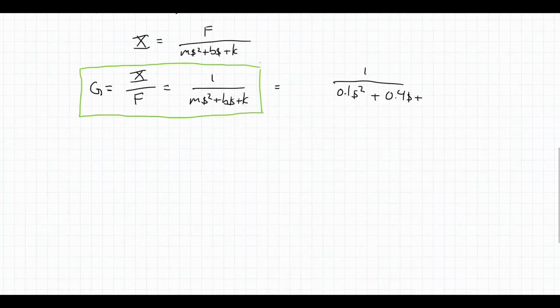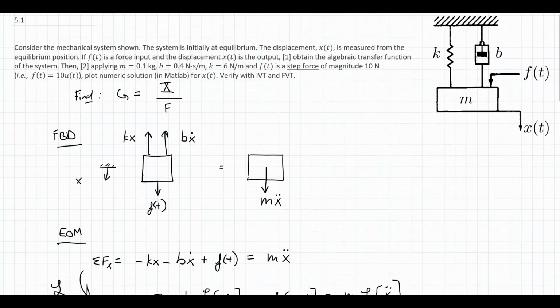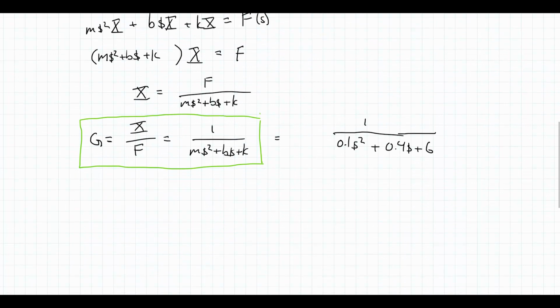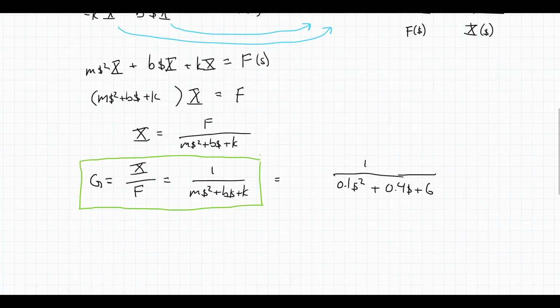Now notice here I'm working with all base units, so I'm not including units here. I always want to be working with base units, kilograms, newtons, meters. m, b, and k were already given to us in those base units, so there's nothing to convert at this moment. So I'll leave it here in our base units, so that's 1 over 0.1 s squared plus 0.4 s plus 6, the numeric version of this transfer function.